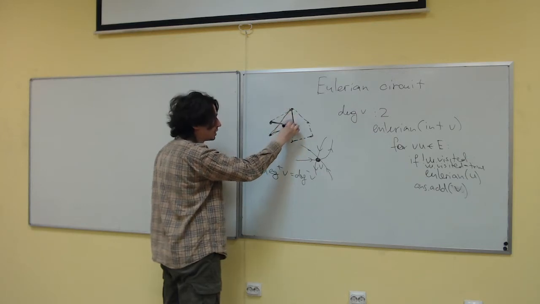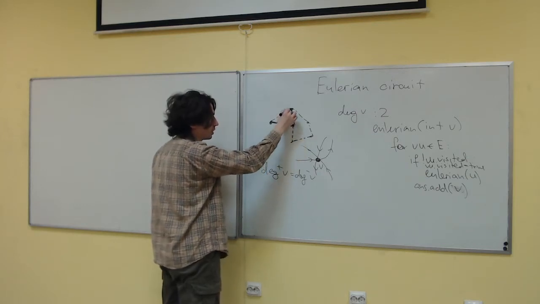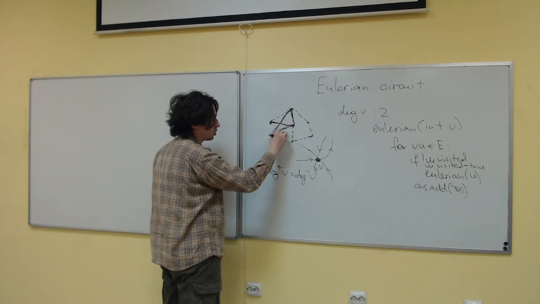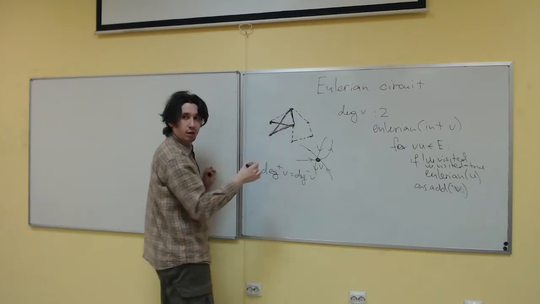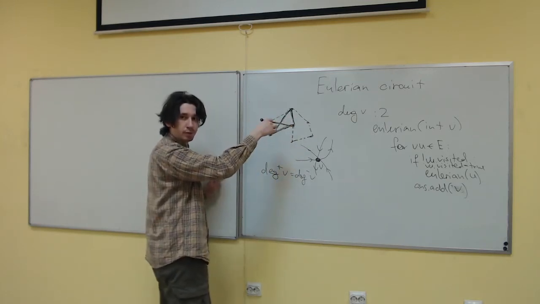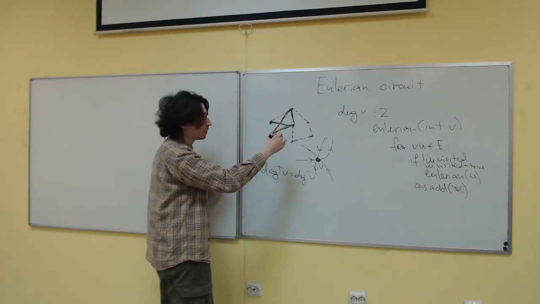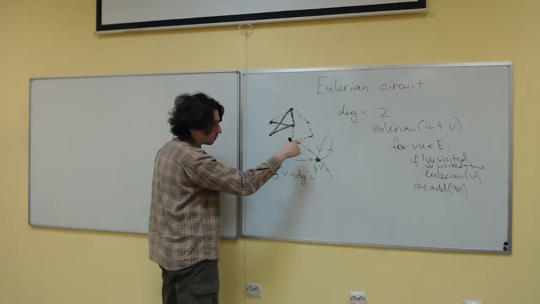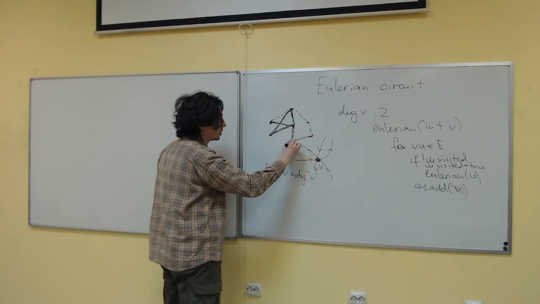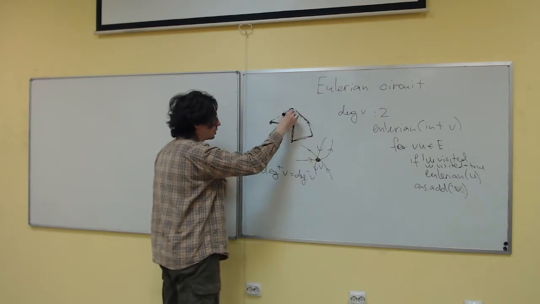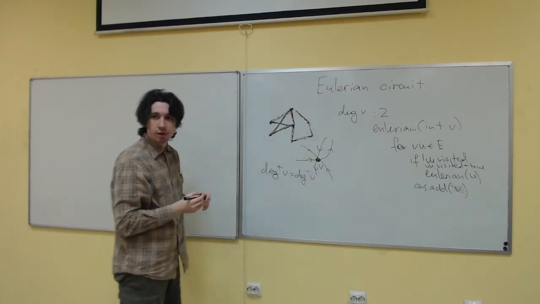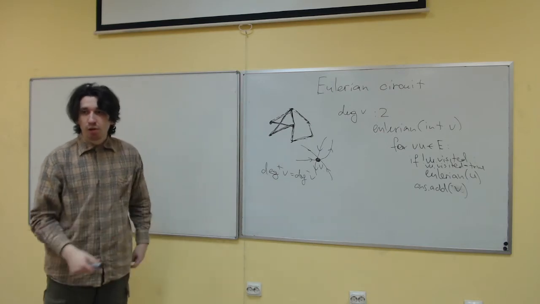Then you add this edge on the way back, this edge, and this edge. So kind of you already merged these cycles together. Then when you return, you add this edge, and you get the continuous Eulerian circuit.